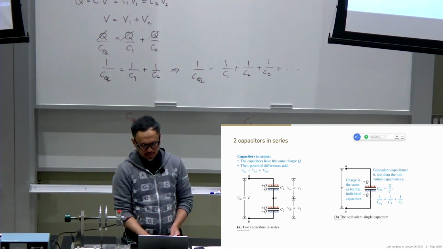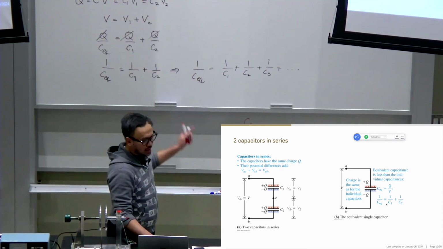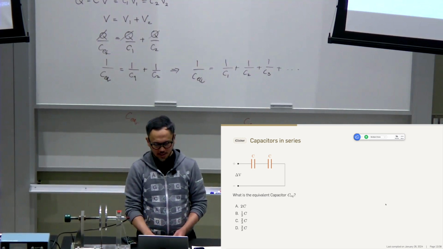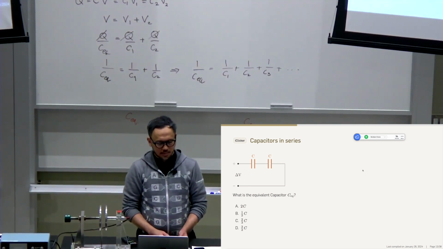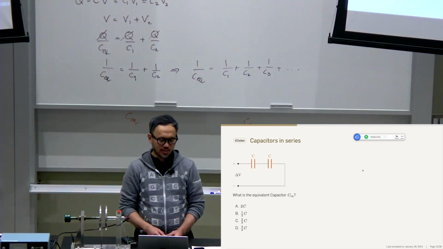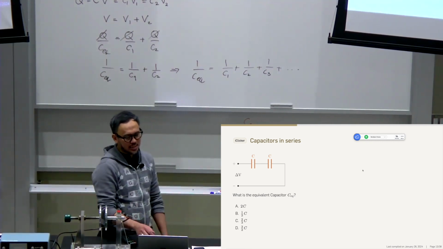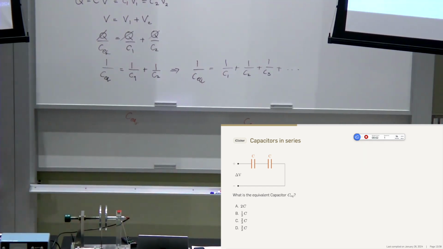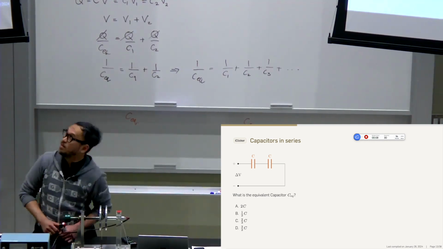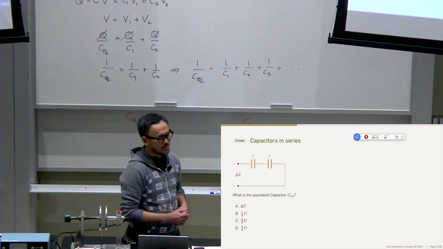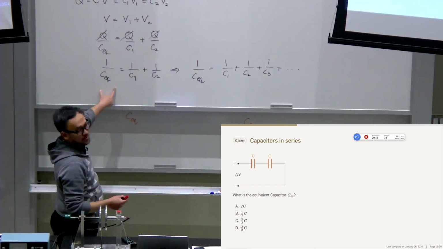For capacitors in series, this is the formula that we have just derived. This is the simplest version of the problem. In a circuit with delta V and two identical capacitors in series, what is the C equivalent? Hopefully it wouldn't take you more than 30 seconds. This is the formula that you need to use.